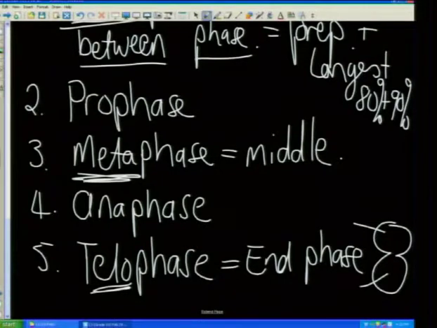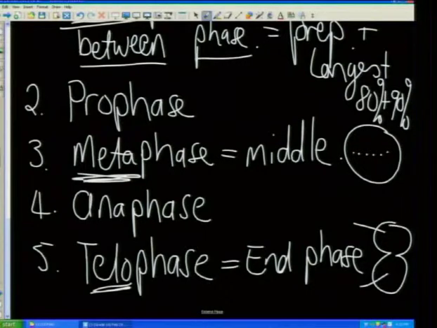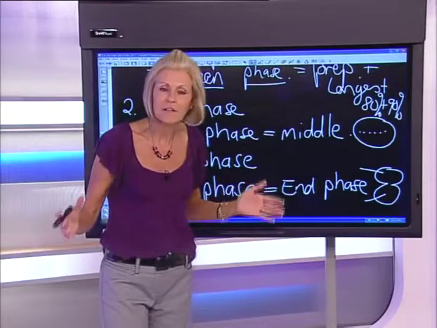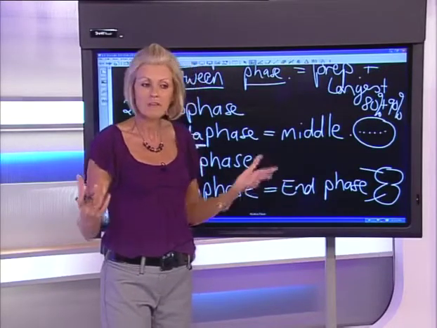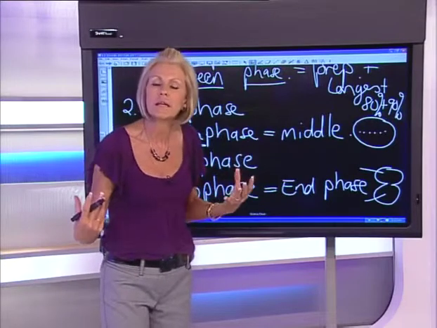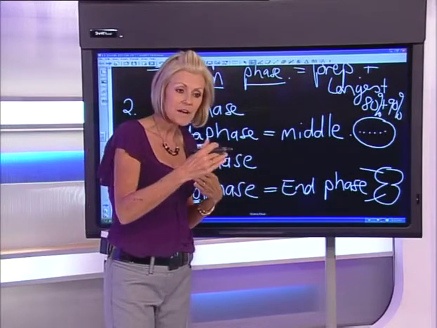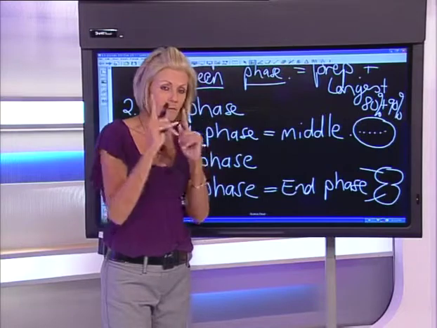Metaphase, everything is arranged in the middle, so that's why it's called metaphase. And interphase, you are not going to be able to see anything different in the cell. Why? It's the phase that's in between. So interphase, IP-MAT, your first phase.